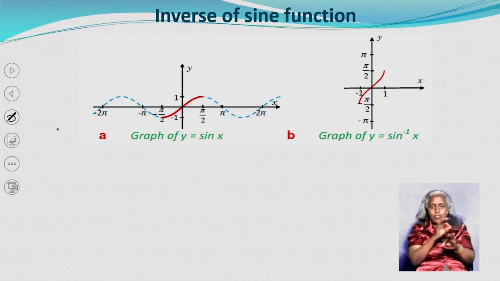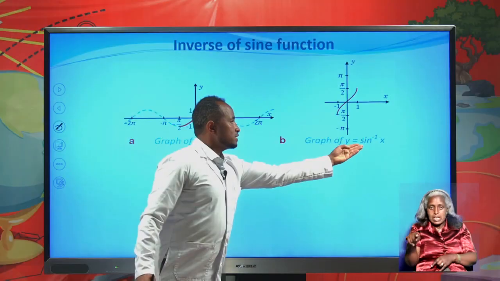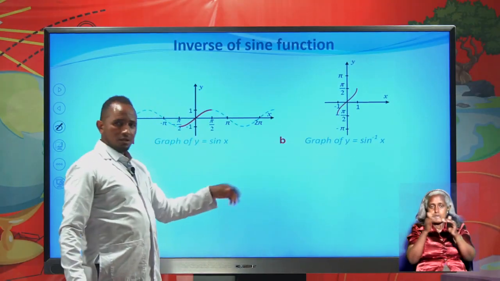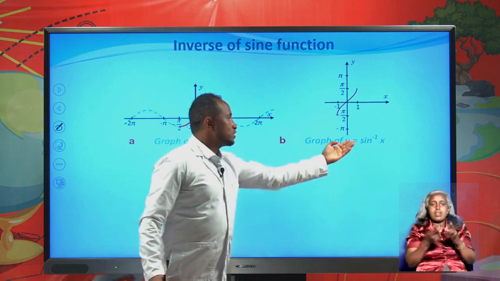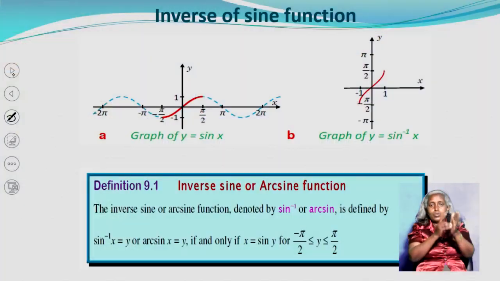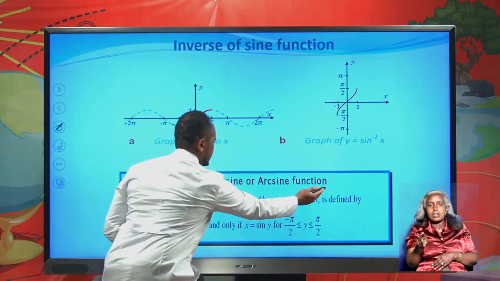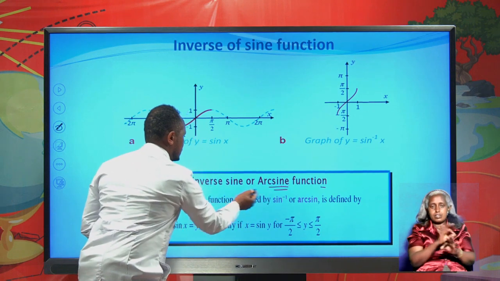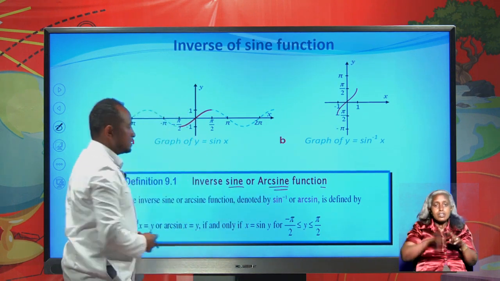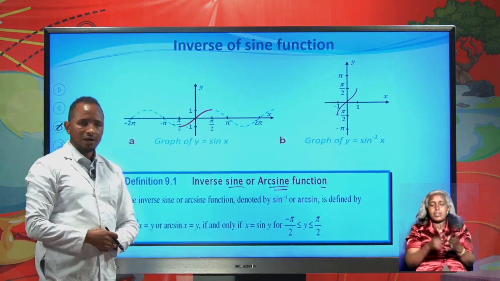And the inverse of sine is written in this form. y is equal to sine x; its inverse is denoted by y is equal to sine inverse of x. The inverse of sine can also be stated as the arc sine function.